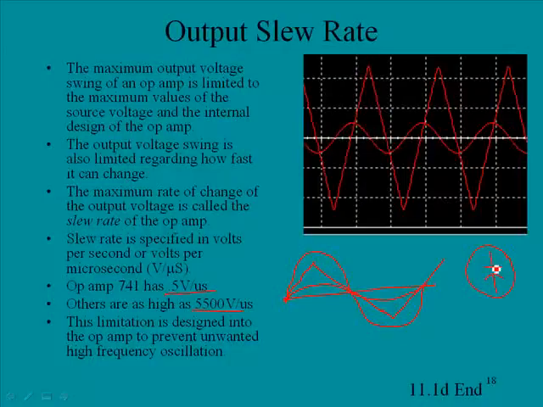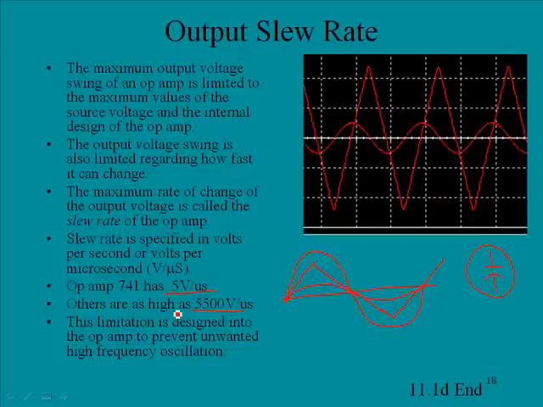Now, the reason this is desirable is because this compensating cap will cause the 741, for example, with this relatively slow slew rate, to have very few high-frequency oscillations. Now, this particular device, though it supports very high frequency, will have lots of oscillations, and those oscillations will have to be dealt with.